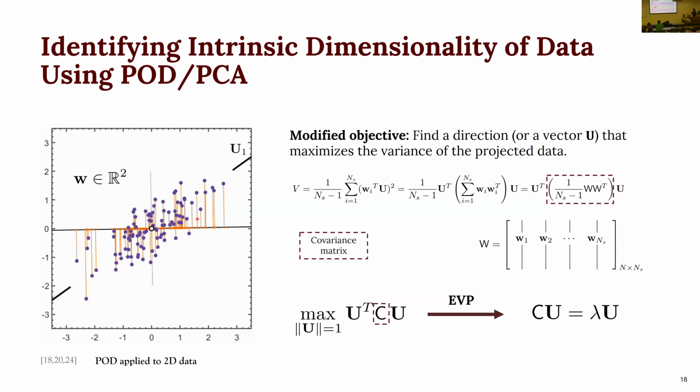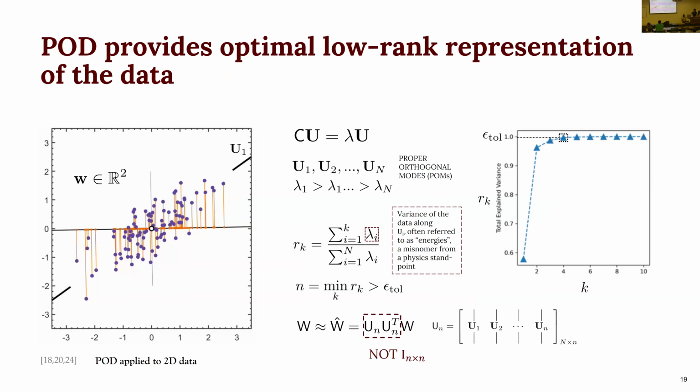As a matter of fact, if you solve the eigenvalue problem, basically what we're showing here is that we are trying to find the best direction along which the variance is maximum, or the projection length is maximum.